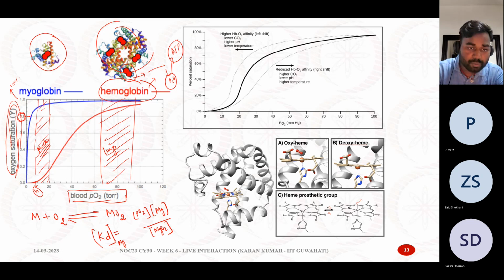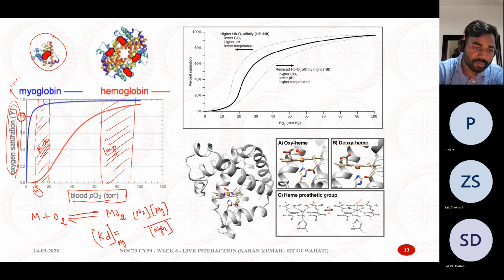So what you need to understand is that when you need energy, then oxygen needs to be in free form. It should not be in bound form. Okay, that is what hemoglobin does. At the lower concentration, oxygen does not bind to the hemoglobin.